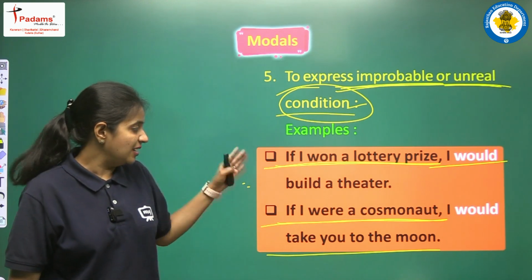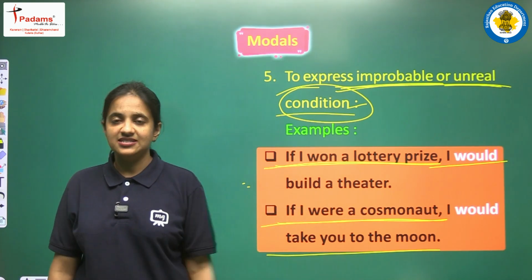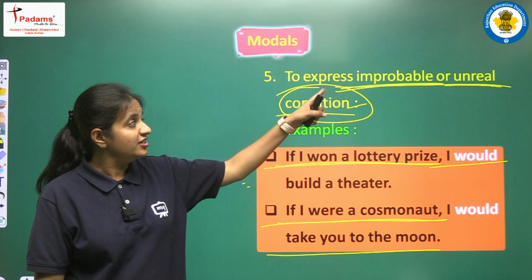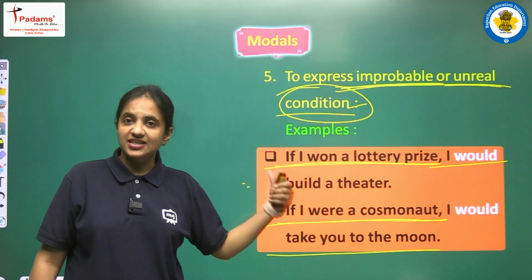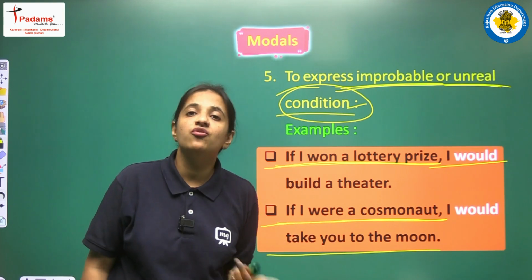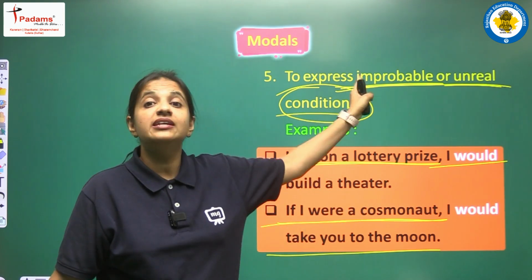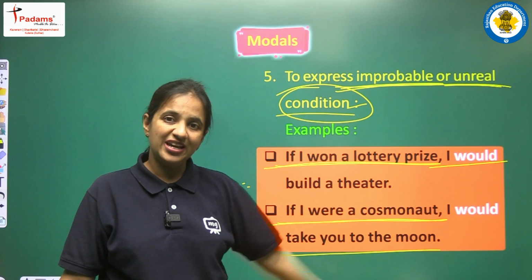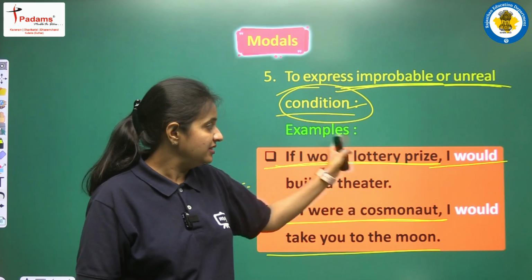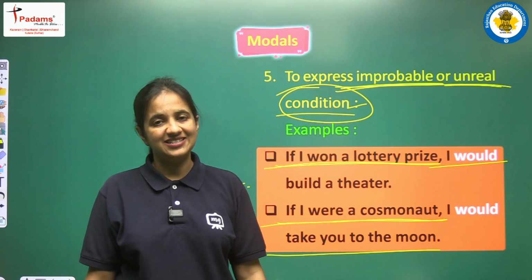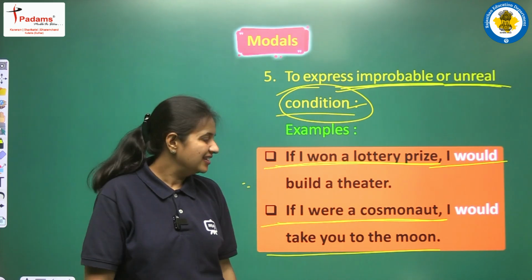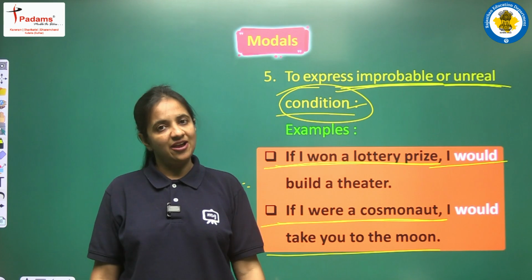So both examples are conditional sentences in which the condition is very unreal, or we can say improbable. So in such conditions we have to use would, and that too in the result clause. Okay, so we have seen the examples, we have seen the structure of such conditional sentences. Okay, so these are the different uses of would that we have here.